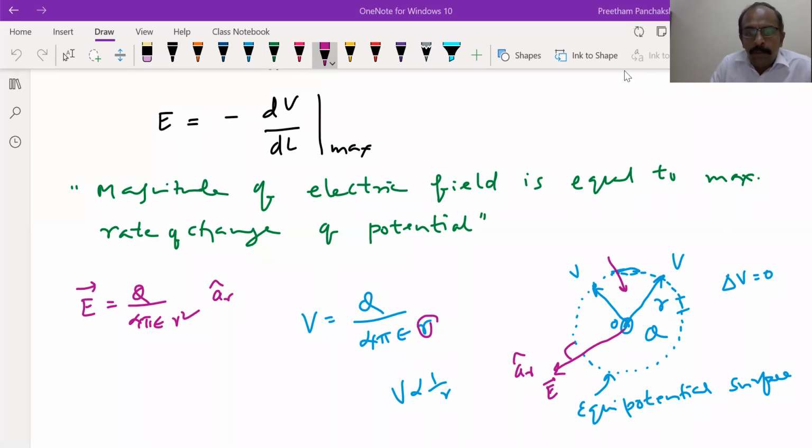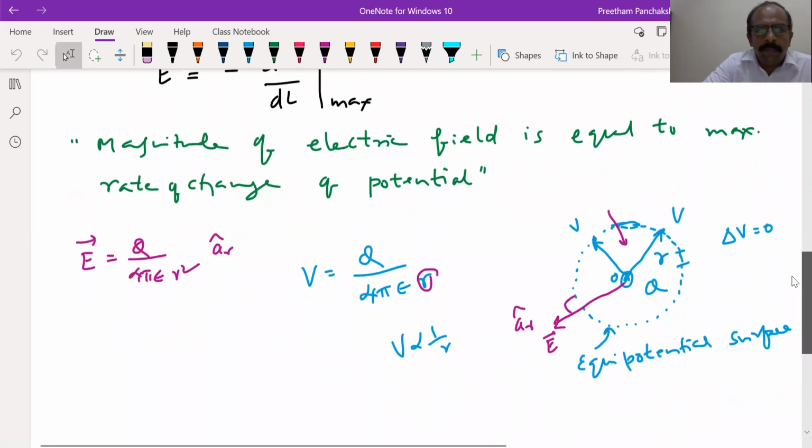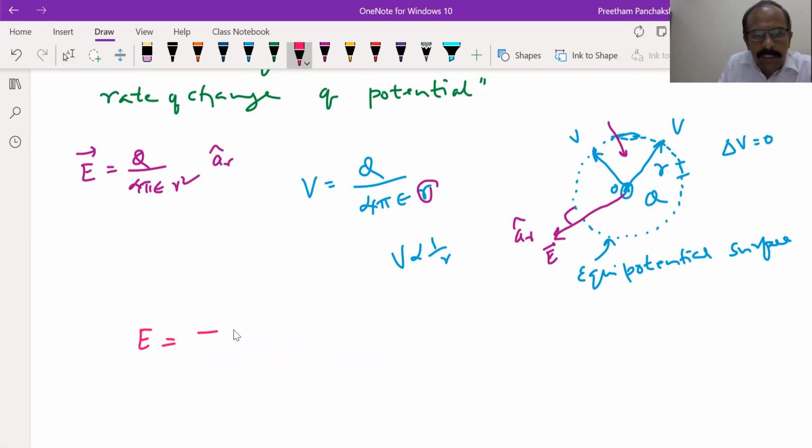Right. So keeping this in mind, I can introduce the direction of electric field into my equation. That is, E, which was written as dV by dl max, can now be converted to vector form just by writing a cap R, which I don't want to write as R here.